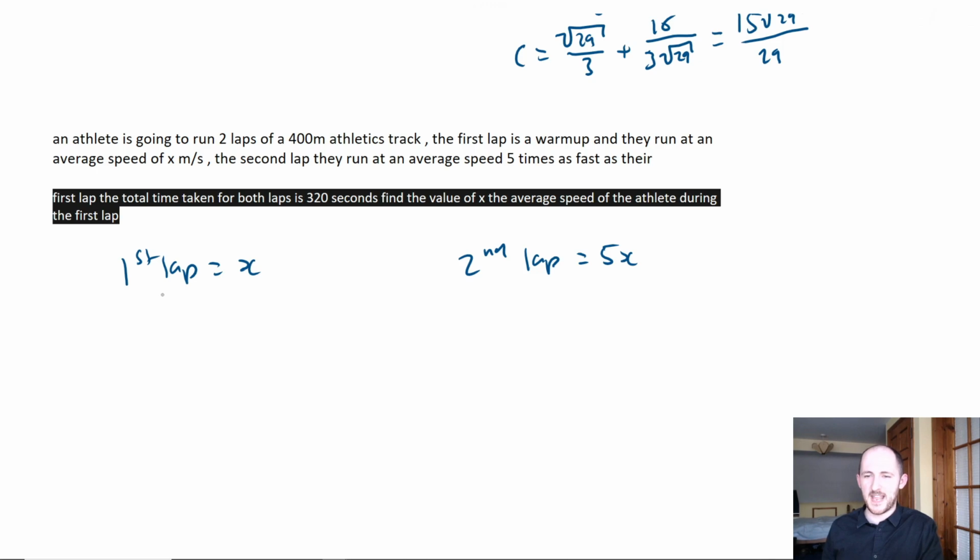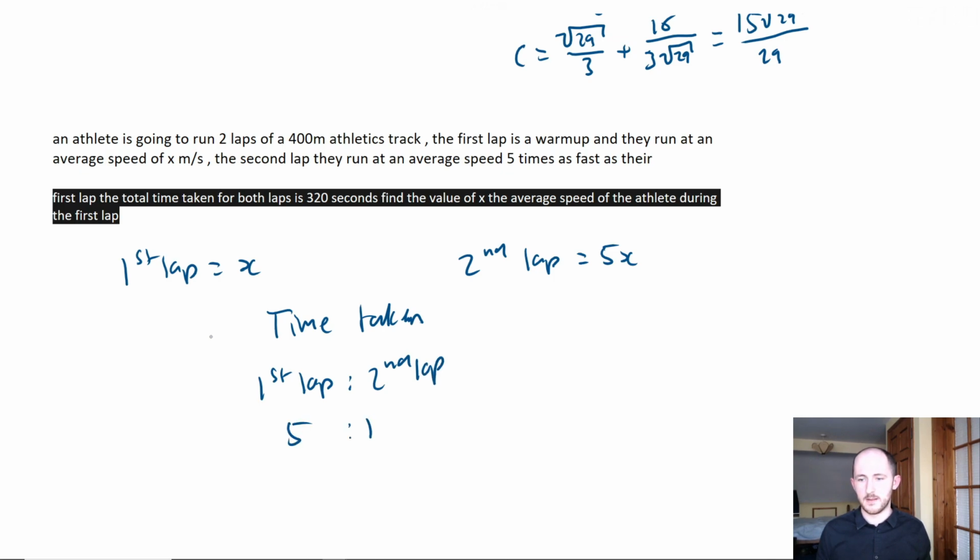So, if I look at this, this person runs 5 times faster in the second lap than in the first lap, right? This might be a bit weird, but that should mean that the person takes 5 times longer to do the first lap, right? Does that make sense? So time taken, as a ratio of the first lap to the second lap, is going to be 5 to 1.